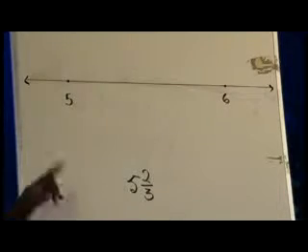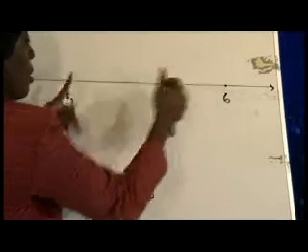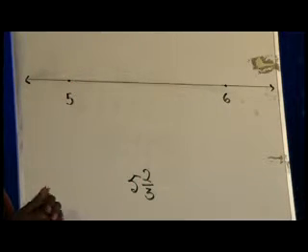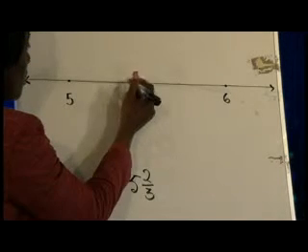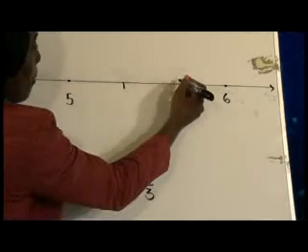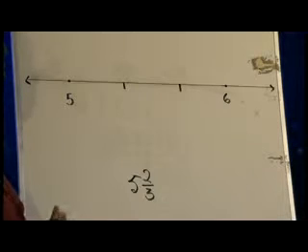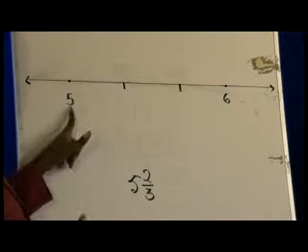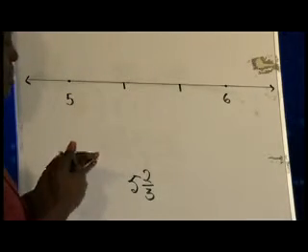Let us look at the space between 5 and 6. We need to indicate where 2/3 will lie. We will divide the space between 5 and 6 into 3 equal parts. We have divided the space between 5 and 6 into 3 equal parts.